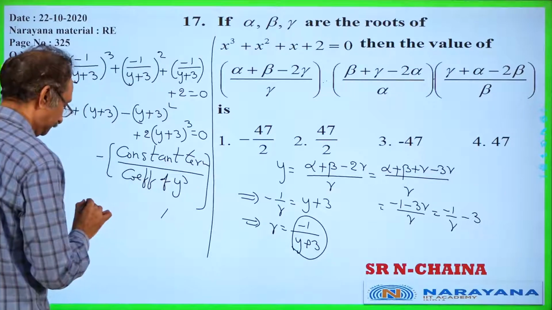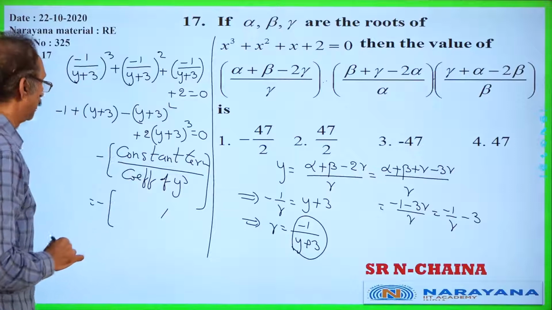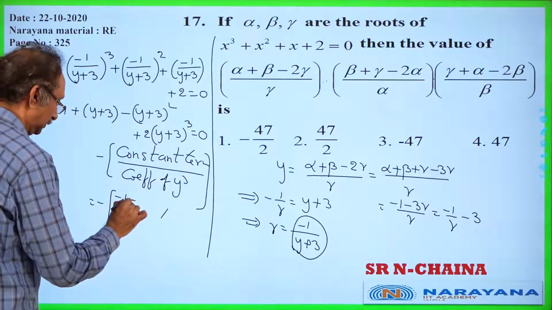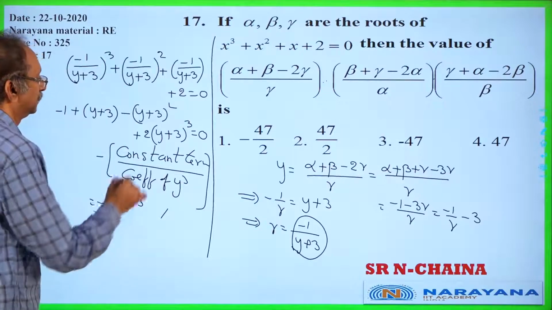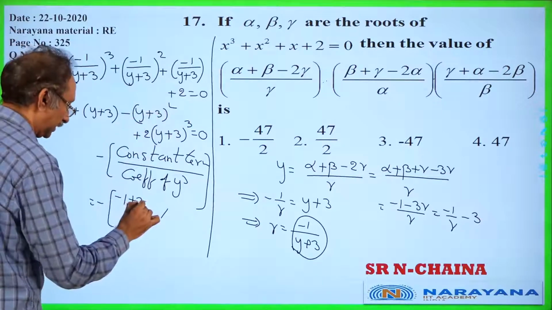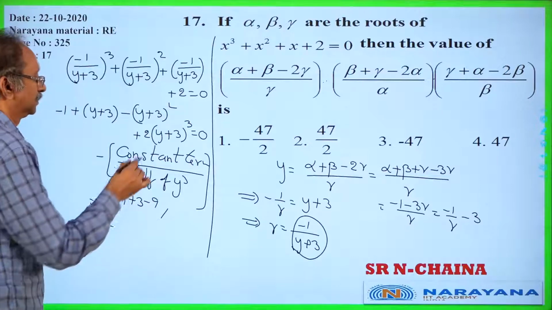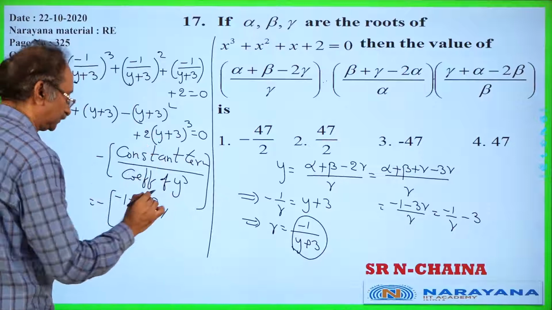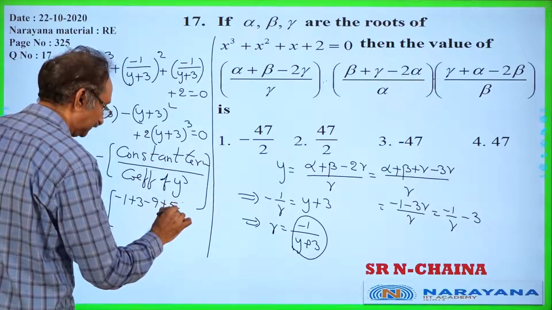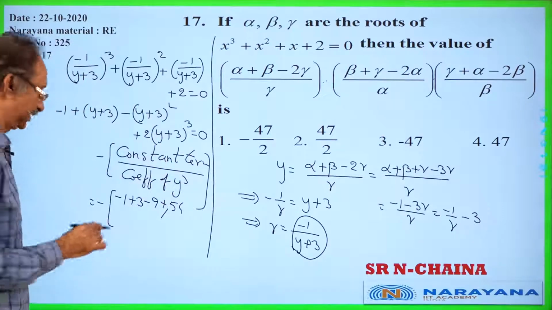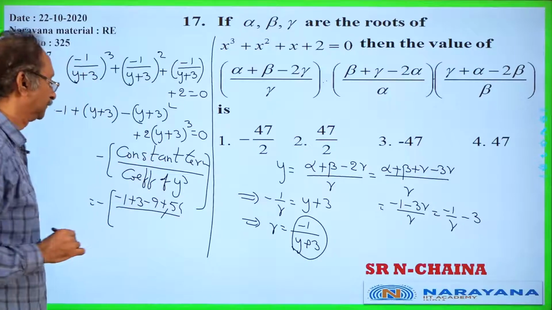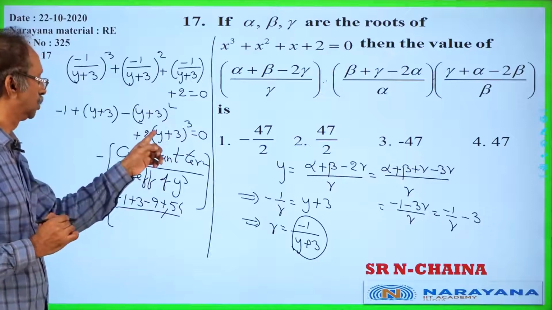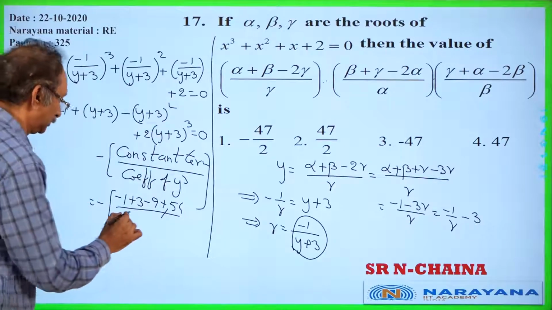So minus, what are the constant terms? It is minus 1, there is plus 3 here, and there is minus 9, and here 3 cube means 27, 27 into 2 is 54, so plus 54. So that is the constant by the coefficient of y cube. There is no y cube here, no y cube here, no y cube here, only here, and the coefficient is 2.